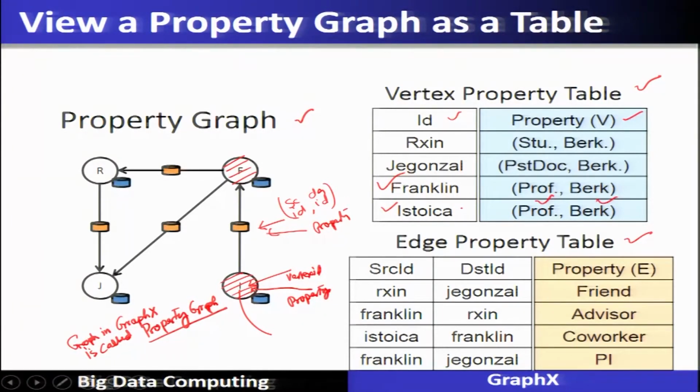Similarly, the vertex with ID F, the name is Franklin. It is also a professor, and it is also working at Berkeley. Now, if you see the edge between I and F, it is represented over here and it has a property which is called coworker.